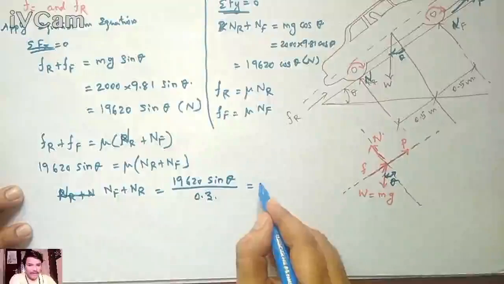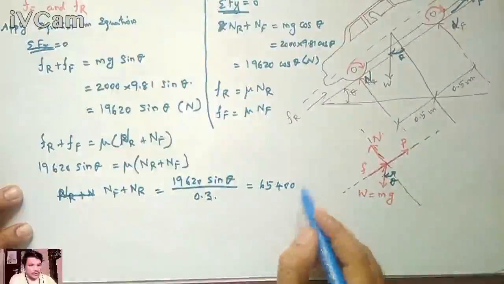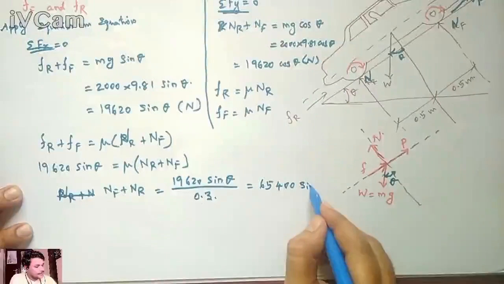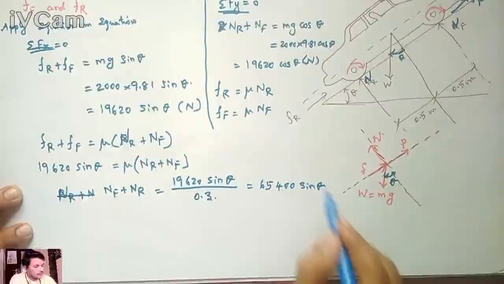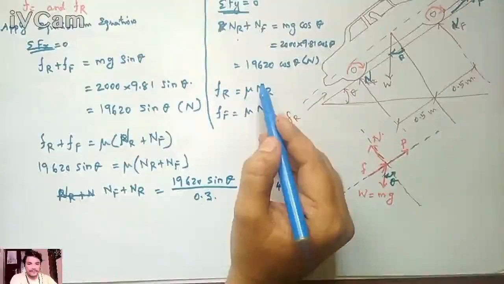So this value is 65400 sin theta. This is NF plus NR.